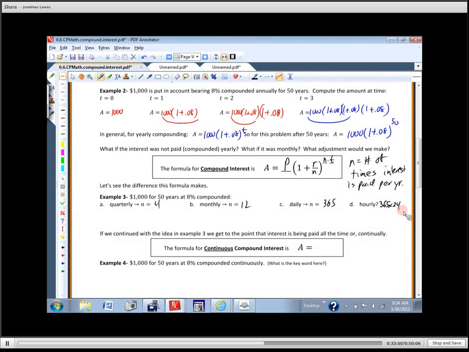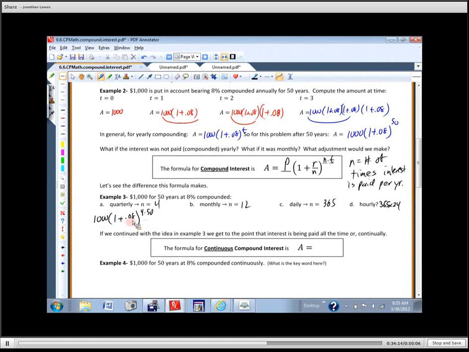Now, I want to talk about what happens here. Everybody watch, please. If we just took that original problem and said this is going to be 1,000 and then 1 plus 0.08, and we raise that to 4 times 50, they're going to pay us interest 200 times, right?